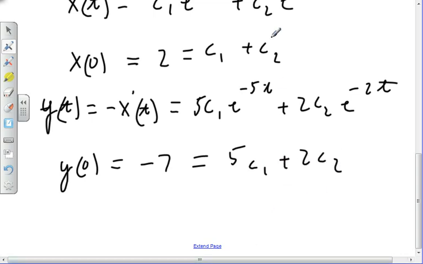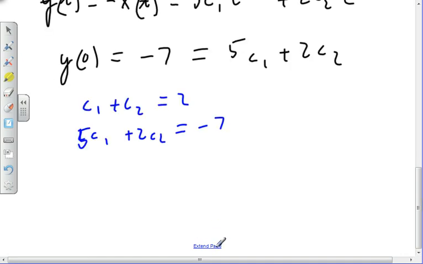All right, so we have two equations, two unknowns. c1 plus c2 is 2, and 5c1 plus 2c2 is equal to minus 7.